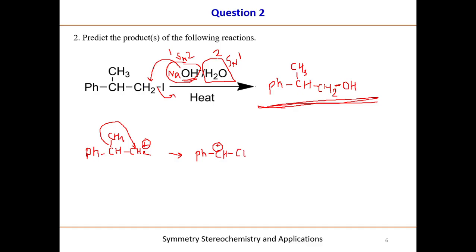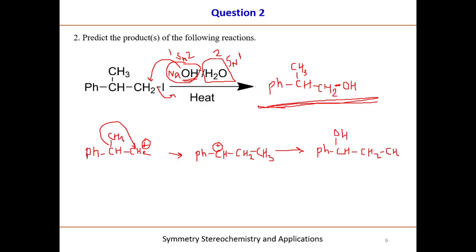So here what will happen? CH2, CH3, correct? Okay. Now the nucleophile will attack this carbocation and the product formation will take place this way. So this will be the SN1 pathway product.